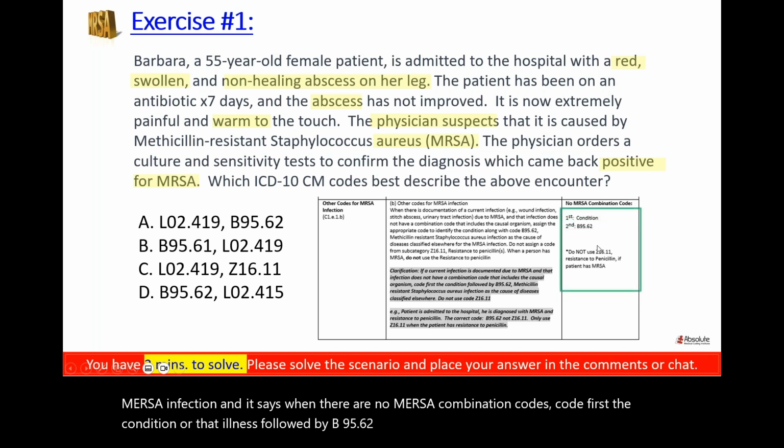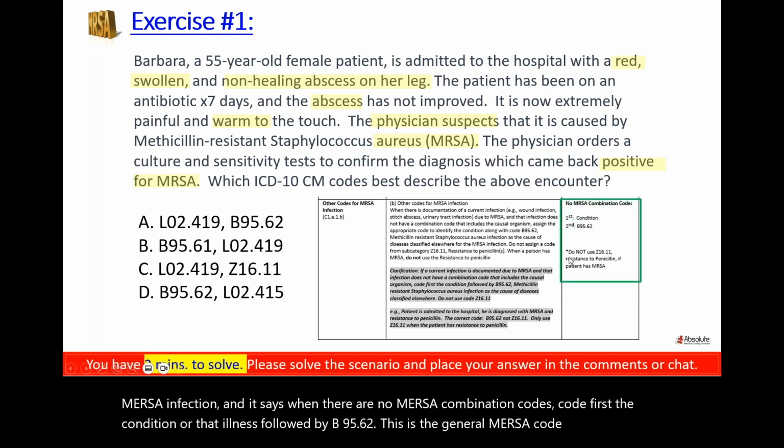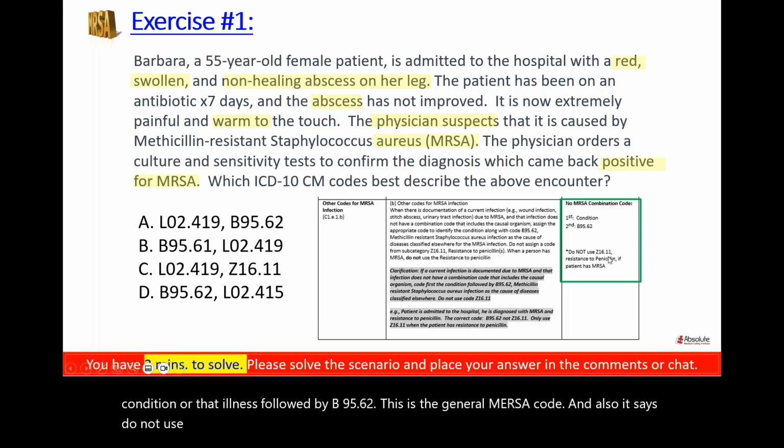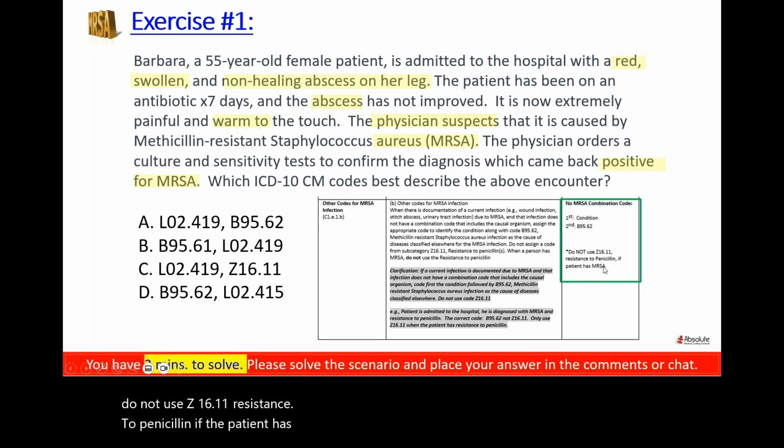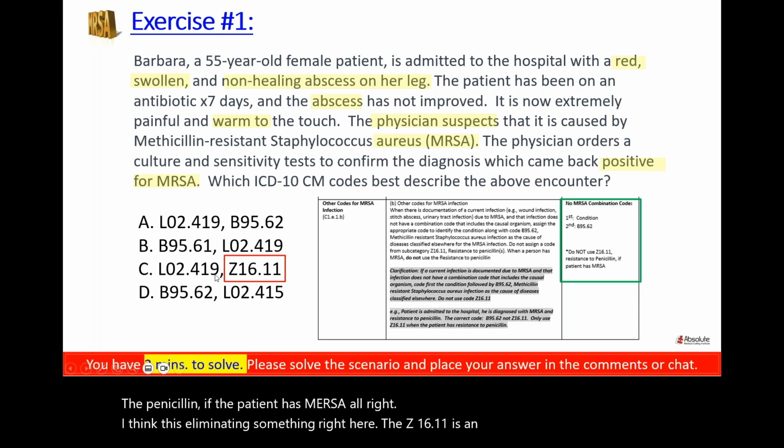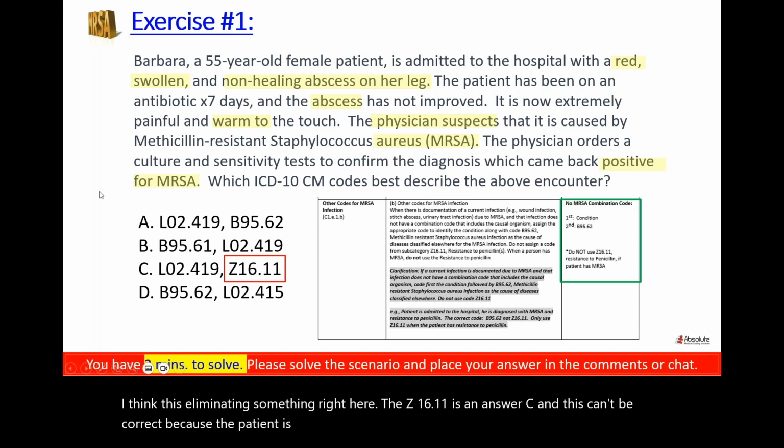This is the general MRSA code. And also it says do not use Z16.11 resistance to penicillin if the patient has MRSA. All right, I think this eliminates something right here. Z16.11 is in answer C, and this can't be correct because the patient is positive for MRSA.